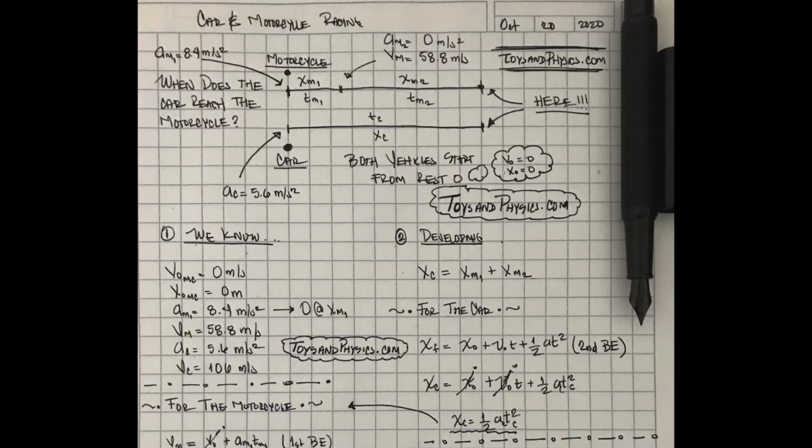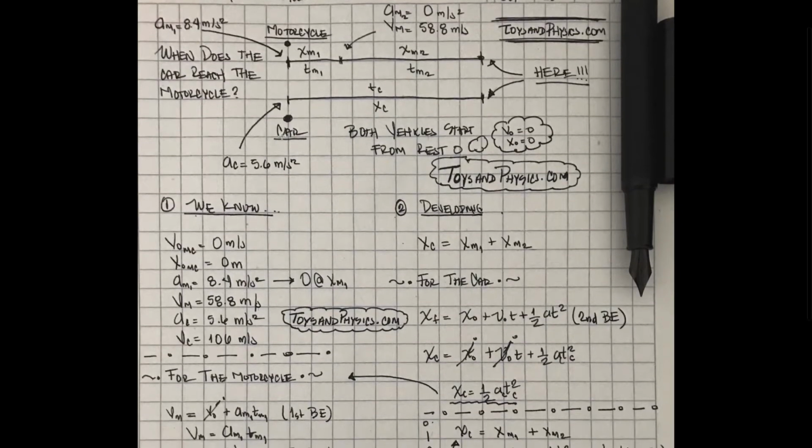So for that, we're going to make the initial position for both equal to zero. That's kind of arbitrary, but it's something that will help us to simplify the problem and work with an easier set of equations, right?